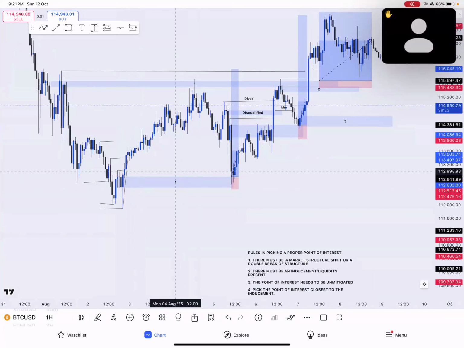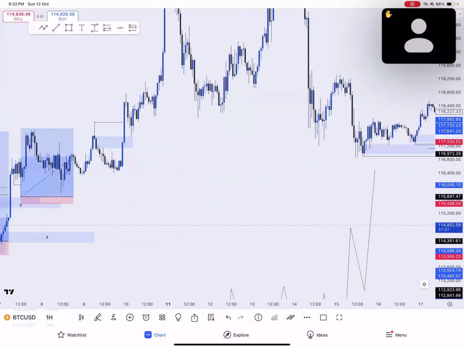Okay. So that was what got me confused, because I was looking at the bigger one. I can see the up and the down one, but all this one you marked here now seems to be inside the lower one before it broke it. If I start counting, it's the same thing over and over.